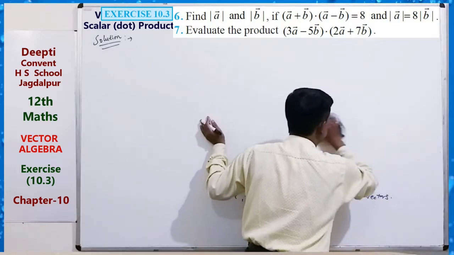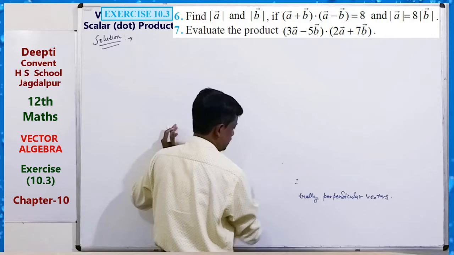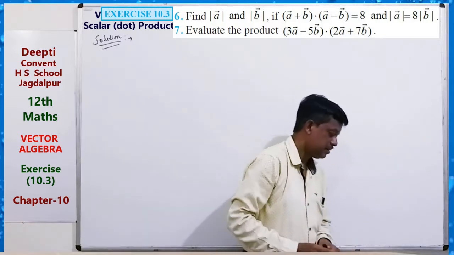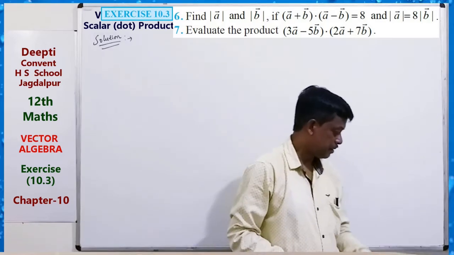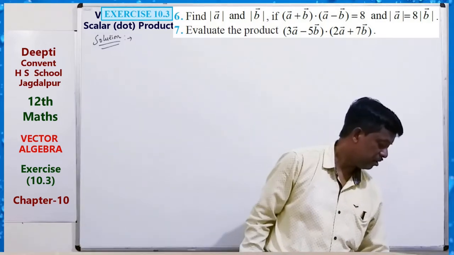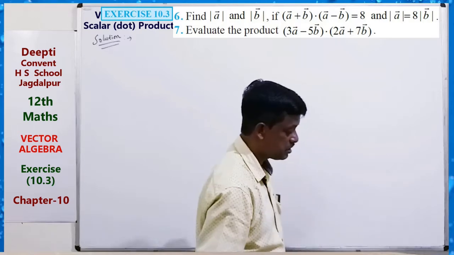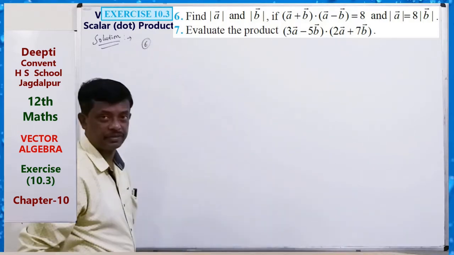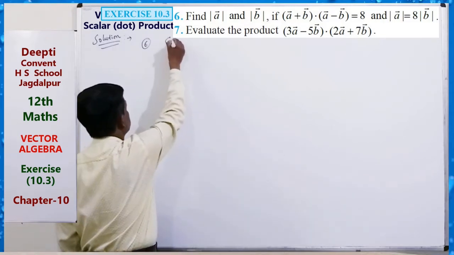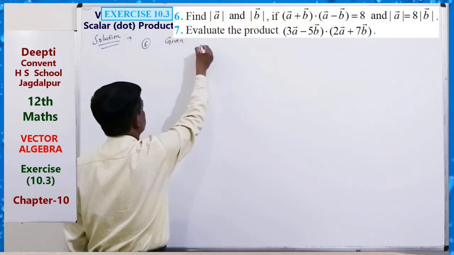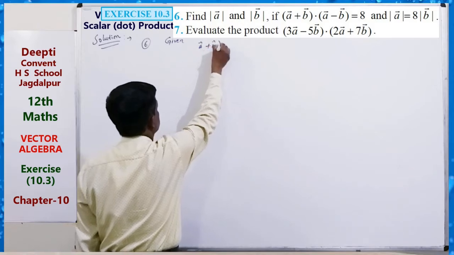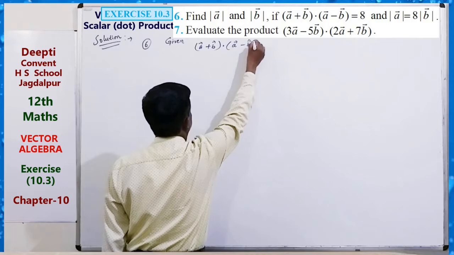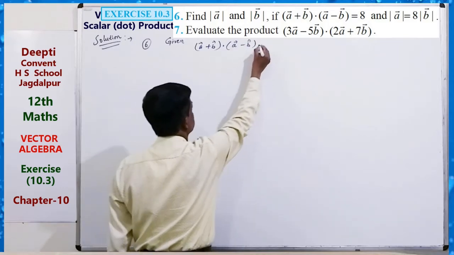Here we have to find mod A and mod B if (A plus B) dot (A minus B) is equal to 8, and mod A equals 8 times mod B. See the given quantity: A plus B dot A minus B is equal to 8.